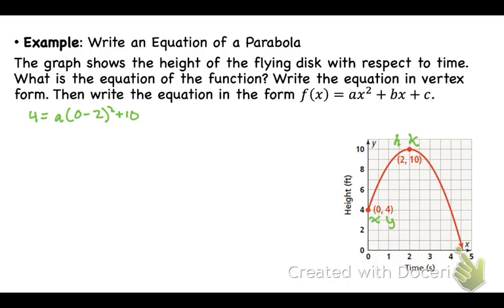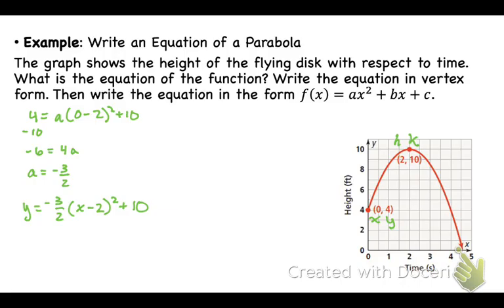Keep going, finish. Oh no, you get a fraction. Did you all get negative 3/2? Yep.